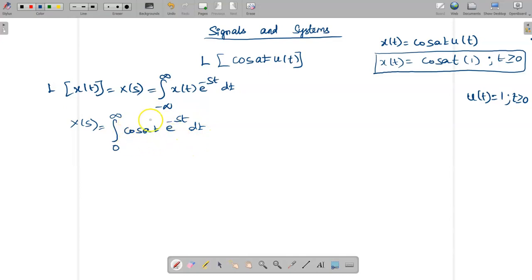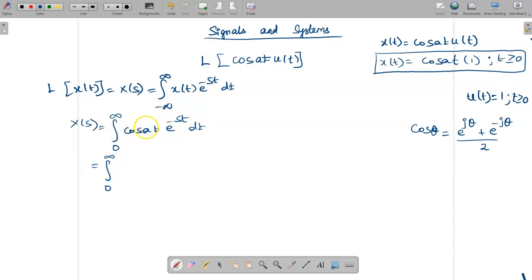So instead let us try to write cos at in terms of exponential terms. What is the cos theta formula in terms of exponentials? It is e power j theta plus e power minus j theta by 2. Using this I can rewrite this expression as the integral from 0 to infinity.